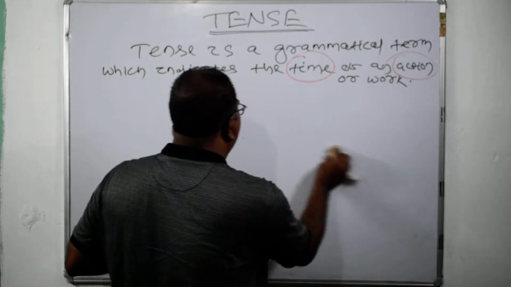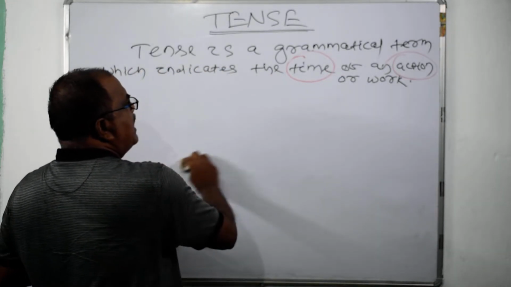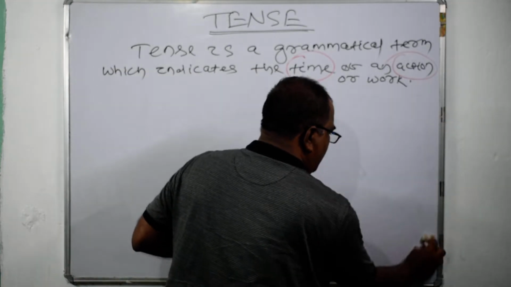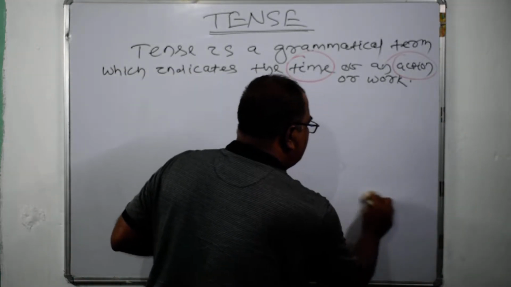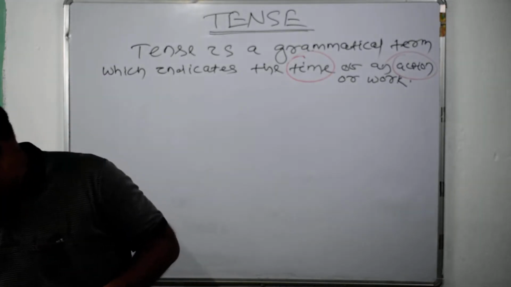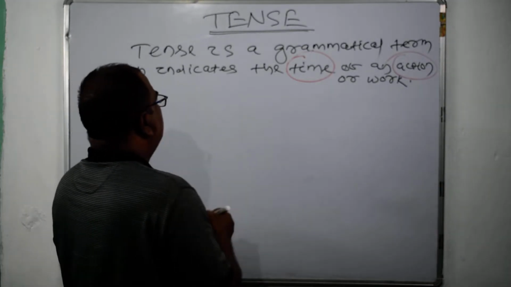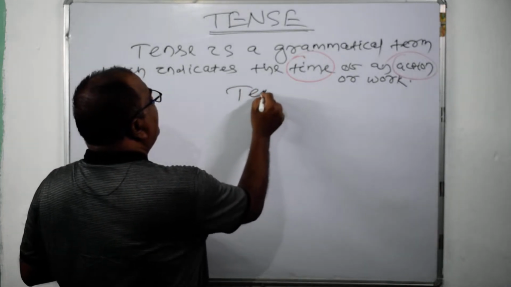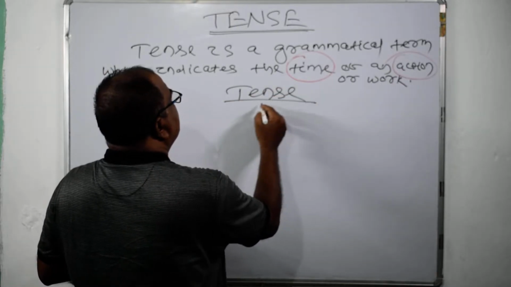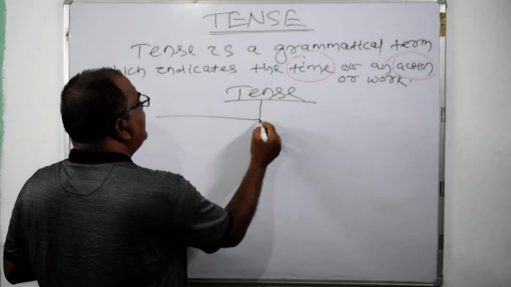From the point of view of time and action, it is very clear that there are three types of tenses. What are they?